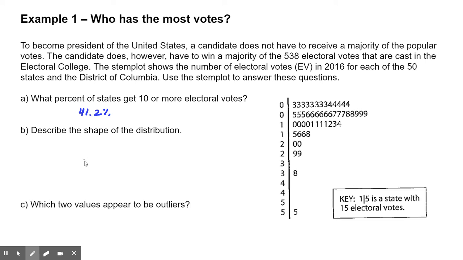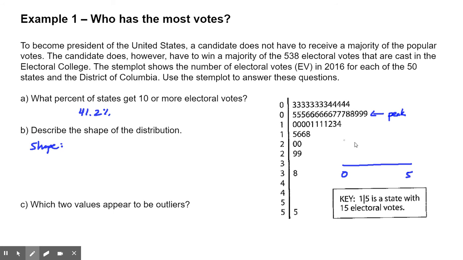Next, it says describe the shape of the distribution. Remember, when we do shape, we talk about 4 potential things: the shape, the peak, any clusters, and any gaps. So what is the shape of this data? It looks like the peak is right here. If you turned this stem plot sideways, 0 would go here, the stem, and then 5 would go here.